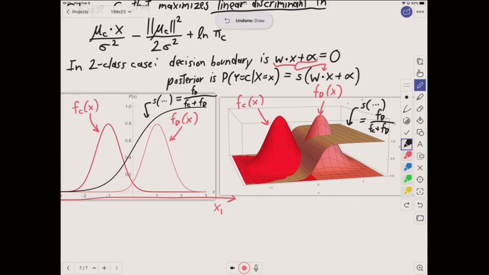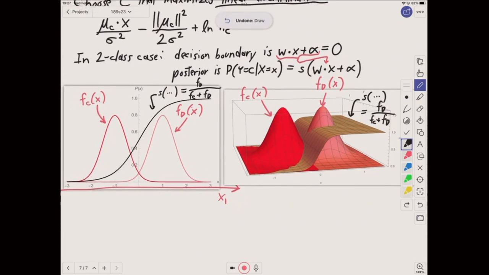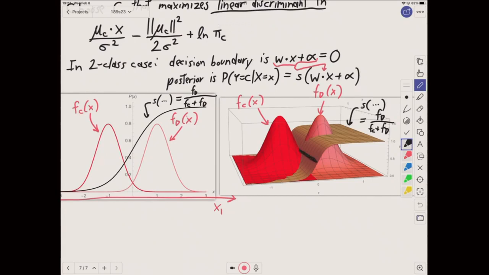And the decision boundary on this thing is going to be the set of points where the posterior probability is 1/2. So that's right here. And that, of course, is a linear decision boundary, because that's what LDA produces. But the logistic function itself is not linear, but its isocontours, its isosurfaces, are always linear.